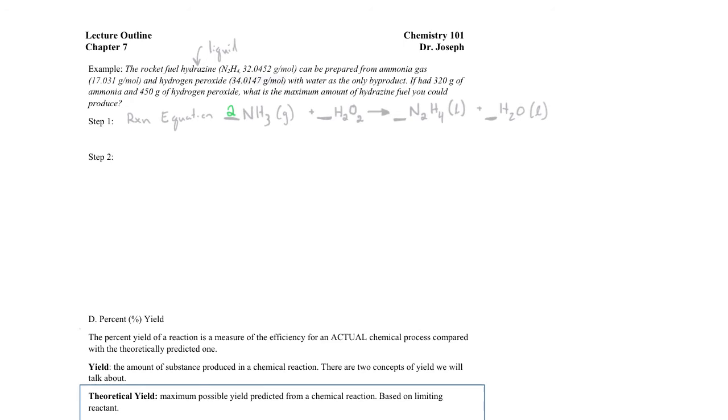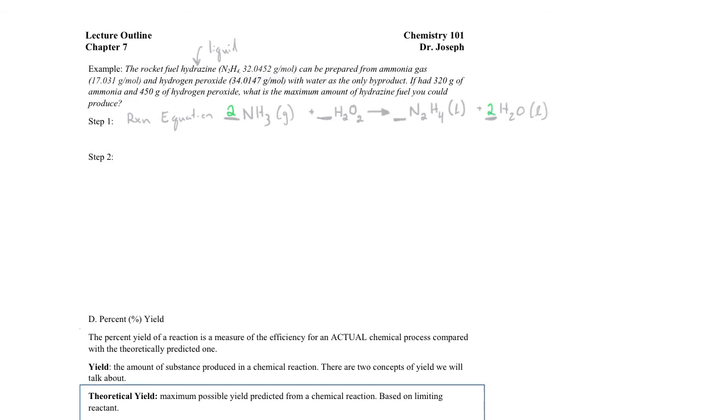Now, because there are so many hydrogen atoms all over the place, it might be best to save that for later and deal with the easier atoms first. So notice that we have 2 oxygen atoms over here in hydrogen peroxide, but there's only 1 over here in water. So we can fix that right off the bat by putting a 2 in front of water.